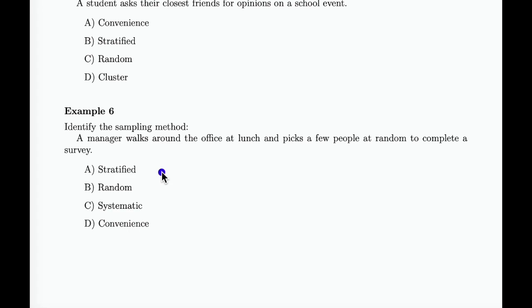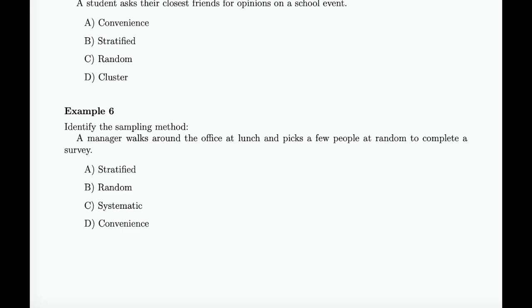The people in the path of the person walking around the office have a higher chance of getting picked because he's just walking around randomly picking people. Someone sitting at their desk on the other side of the room is most likely not going to be picked, so they don't have an equal chance. However, he is still picking people randomly. It's just not a simple random sampling method. So we would choose option B.